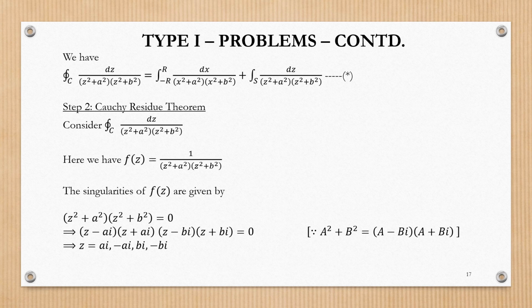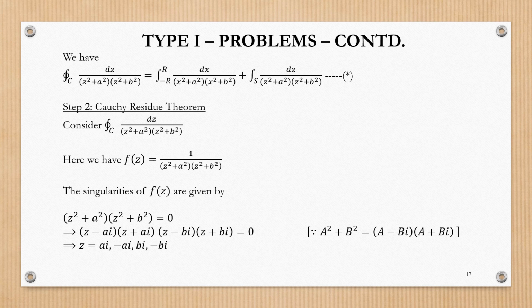With that, I will be able to write (z minus ai) into (z plus ai), (z minus bi) into (z plus bi) equal to 0. That is, we have written the factorized form of the polynomial. Now by equating each factor to 0, we get z is equal to ai, minus ai, bi, minus bi, which are the four singularities or poles for the given function f of z.